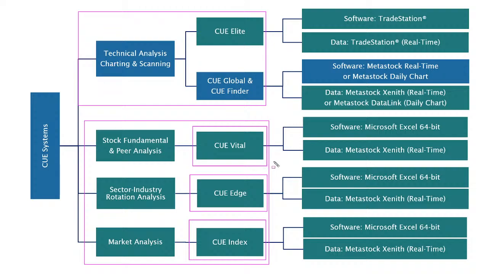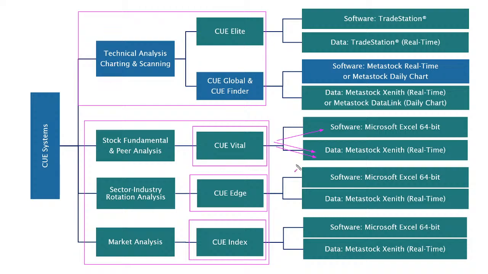What is the underlying platform for these systems? That is Metastock Zenith as the data provider, and we use the Microsoft Excel 64-bit running on 64-bit Windows. A programming interface is used from Microsoft Excel to gather real-time raw data from Metastock Zenith, which is the same as Refinitiv.